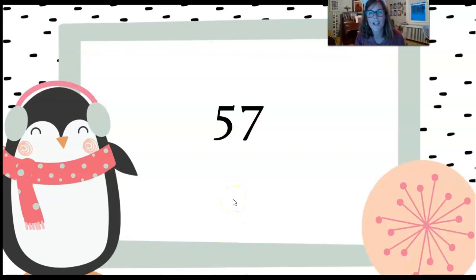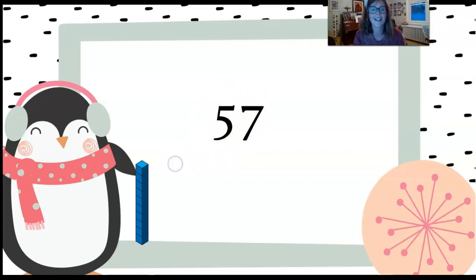Let's think about this number in rods and units. And remember, we're really trying to figure out what this number or numeral means, what it stands for, how much it is. So we have 5 tens. Our tens and ones chart is gone. So we have to remember this is tens, this is ones. So 5 tens and 7 ones.